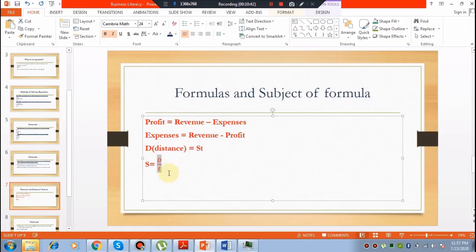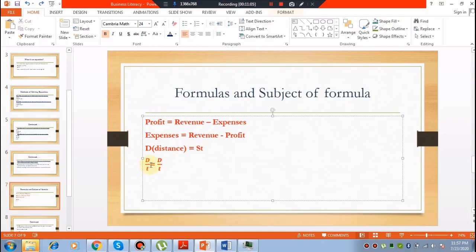If I need to calculate time, I am going to divide both sides by speed. I'm going to divide both sides by speed. So it will look like this.